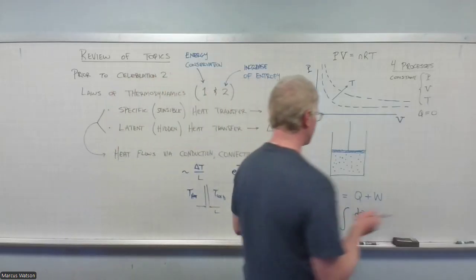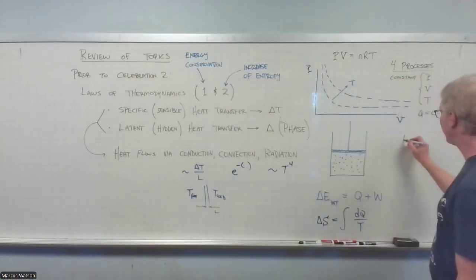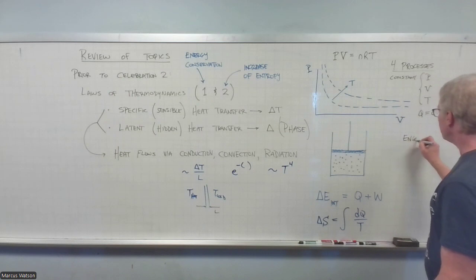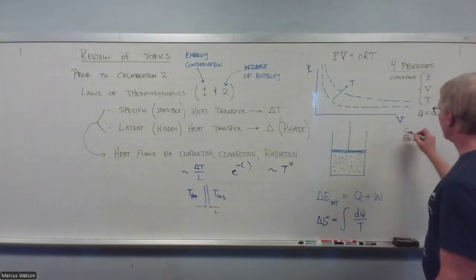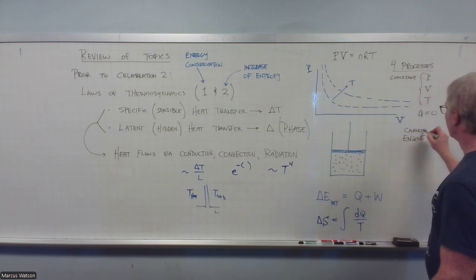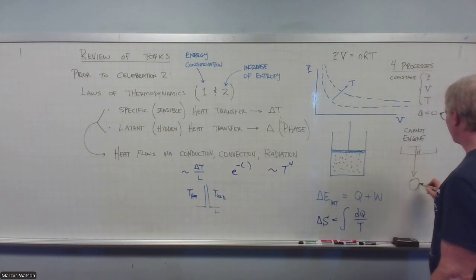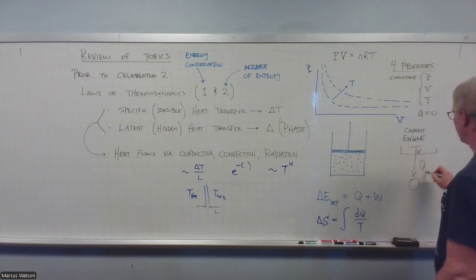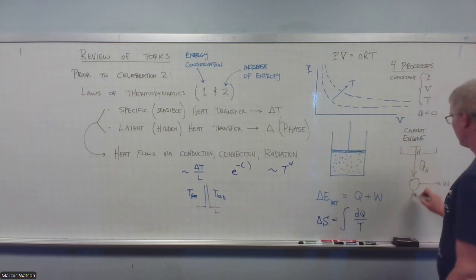Right. So if I take it through a process, remember we talked about an engine, the Carnot engine, I guess I could say here. But essentially the heat engines of any type worked something like this.